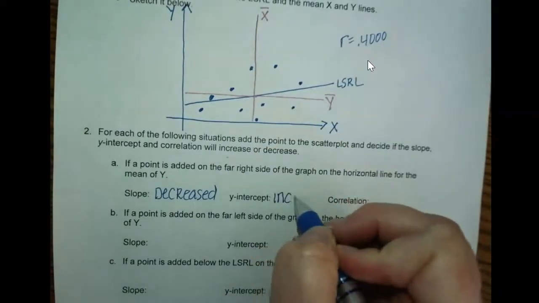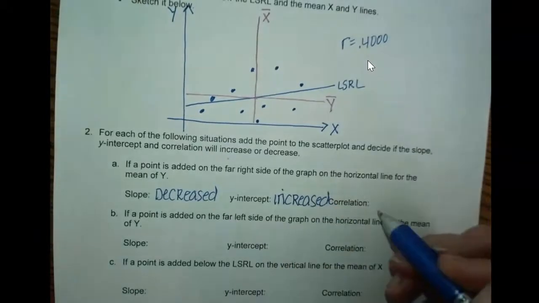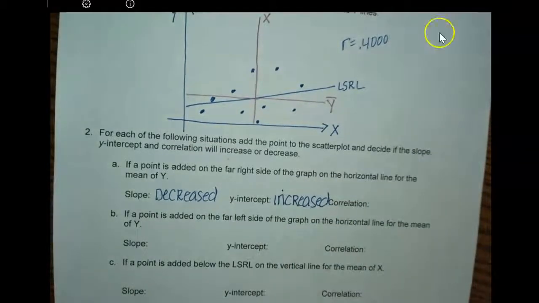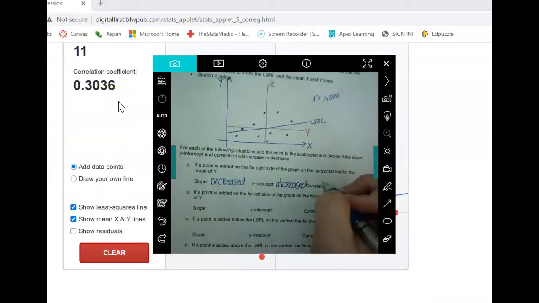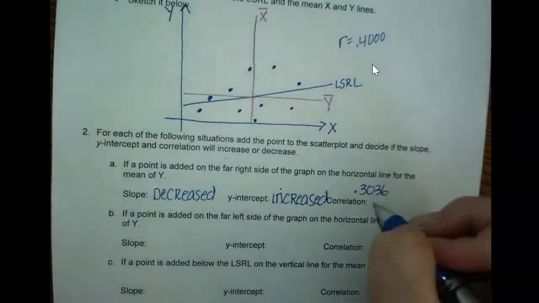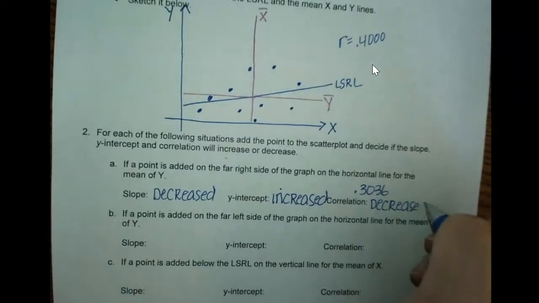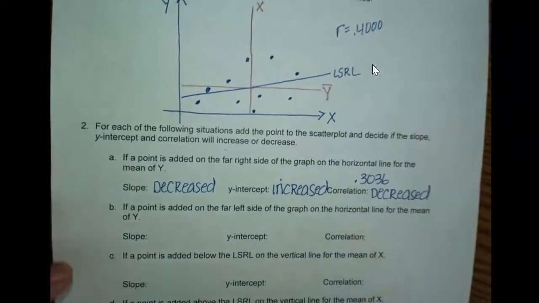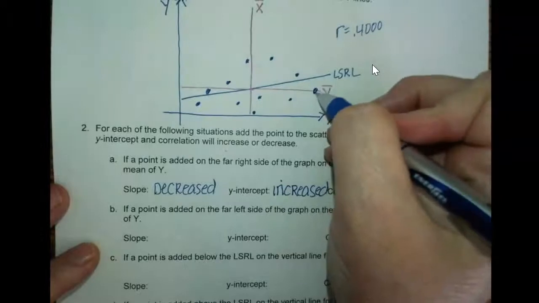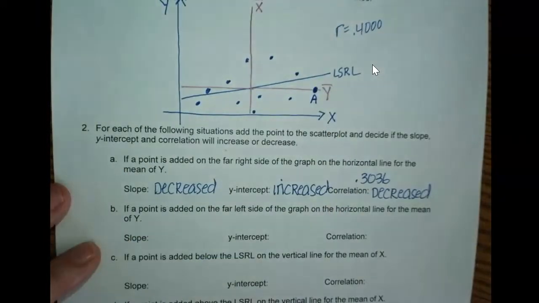So my Y-intercept increased. And my correlation, so what happened to the correlation? It's now 0.3036. So my correlation decreased. Okay, and I'm going to go ahead and label that point on my graph. I'm going to label that point A because it went with A for my answer.